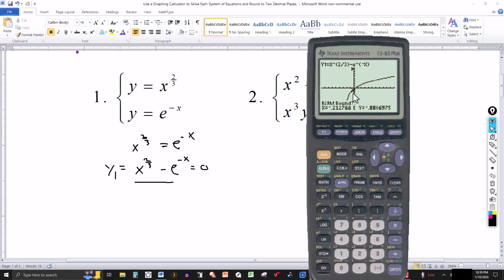Then it wants right bound, that'll be over here somewhere, so move it over across here. Hit enter. Once a guess, you can ignore that, just hit enter. And there we have it. A 0 occurs at the value of x equal to, 2 places, 0.48. So we can get the answer this way, then x equal to 0.48.